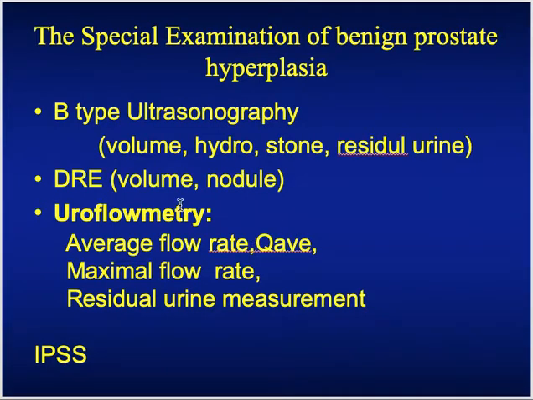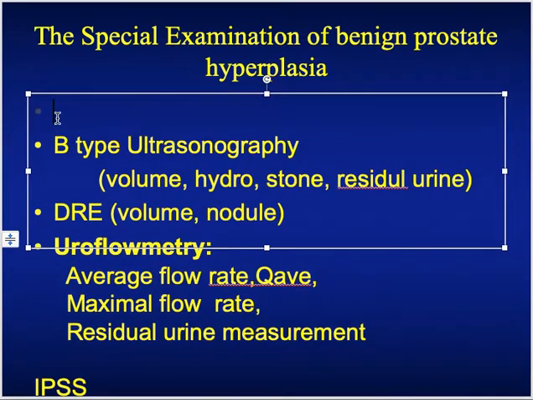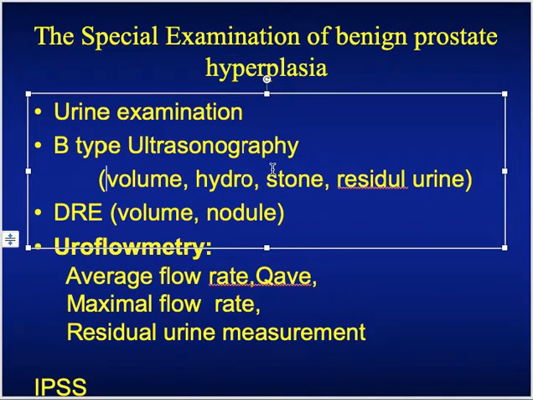It's not written over here, but we have to discuss all the investigations. What I told you: we can do urine examination, in which of course we have to rule out UTI. We can go for DRE, we can do uroflowmetry, and we can do ultrasonography.